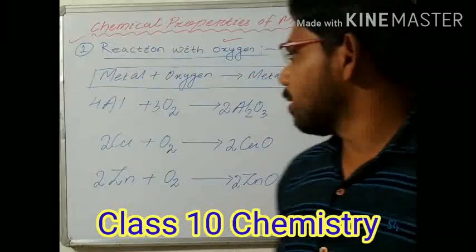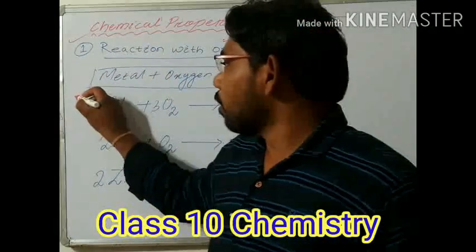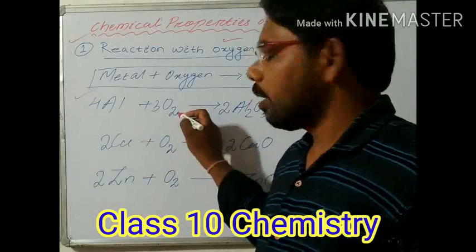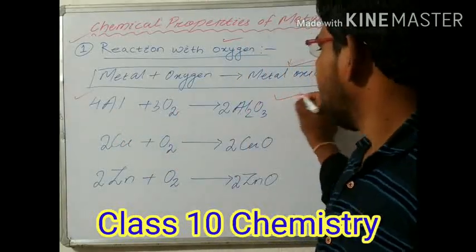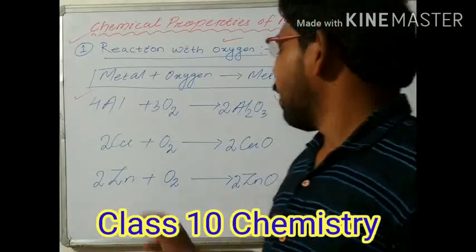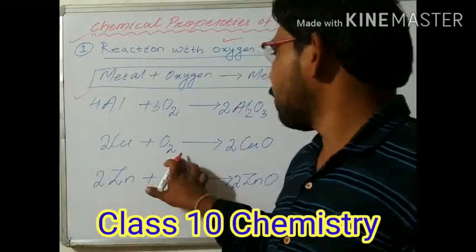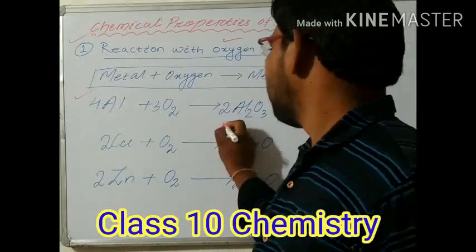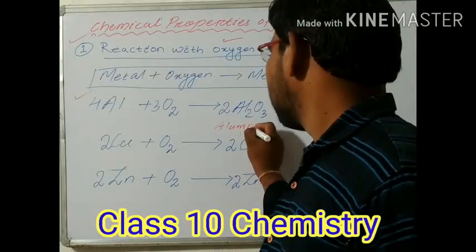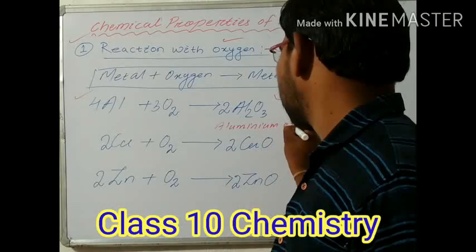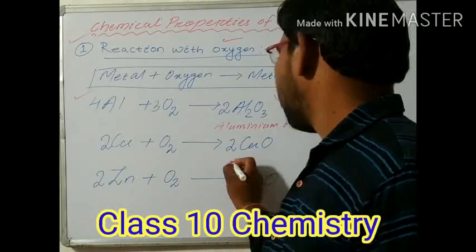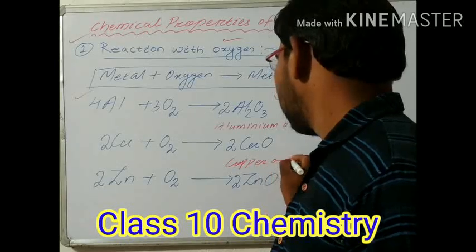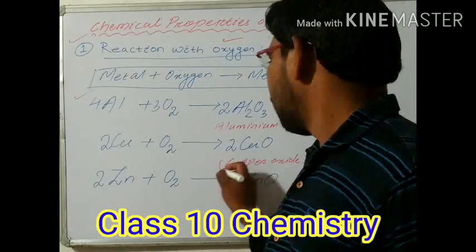Like this, other metals like aluminium, Al, also react with oxygen and form aluminium oxide. Copper also reacts with oxygen and forms copper oxide.